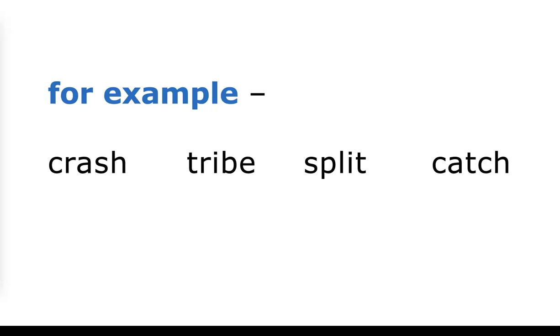For example, crash, tribe, split, and catch. With crash, I underline separately C and R because I hear cr, but one line under the SH because I only hear 1 sound, sh, crash. Tribe, I only underline the T and the R, and they make 2 separate sounds, so each letter is underlined.